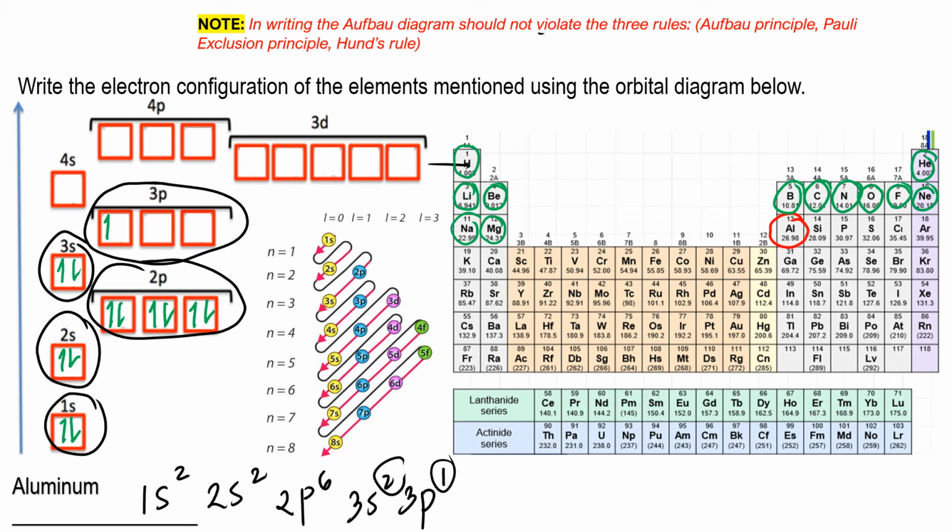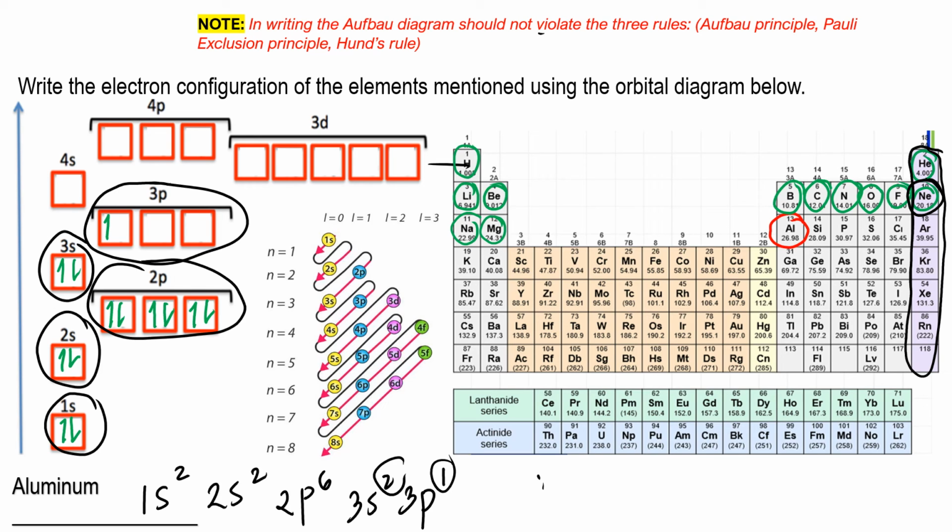Now, how do we transform this electron configuration into a noble gas configuration? We will be using the noble gases, which you can find here in group number 8. Just use the noble gas that is actually before the element that we studied. Here, the noble gas is neon.